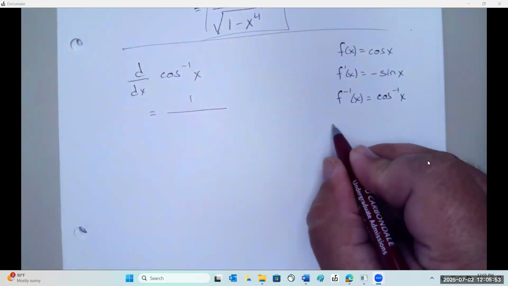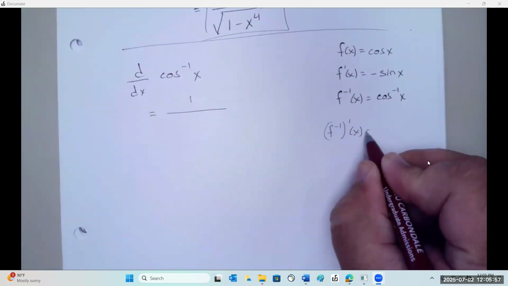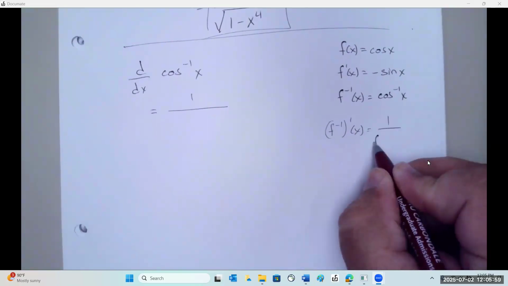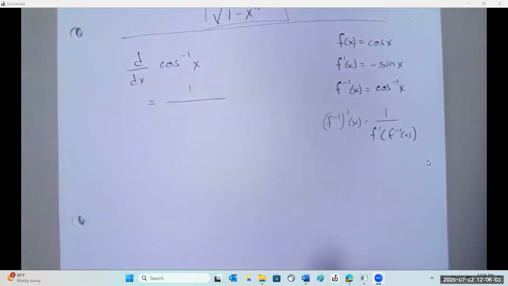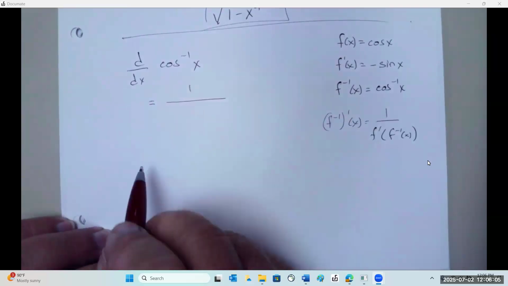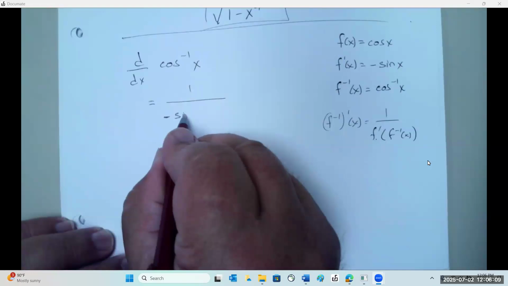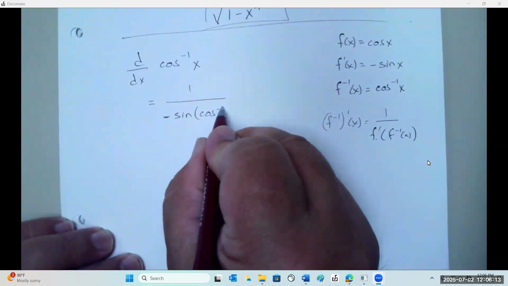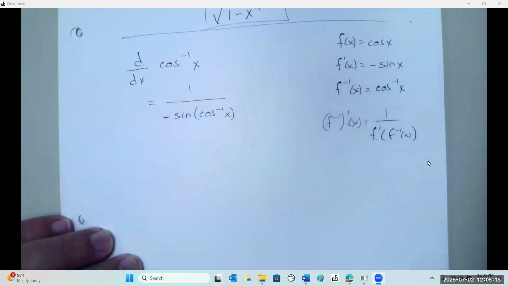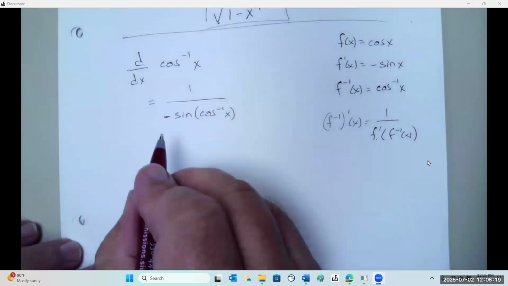Here's the function. The derivative of the inverse of x is equal to 1 over f prime of f inverse of x. So plug in what I have here. F prime is negative sine times f inverse, which is inverse cosine of x. That's where I'm getting this stuff from. So the negative goes up on top.